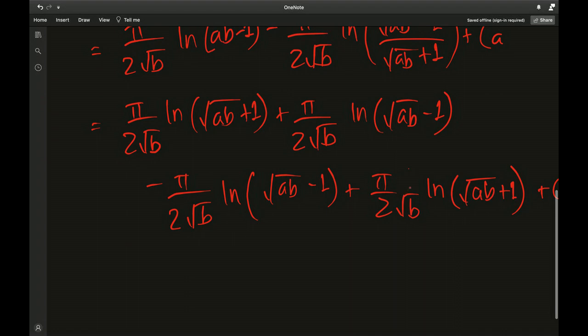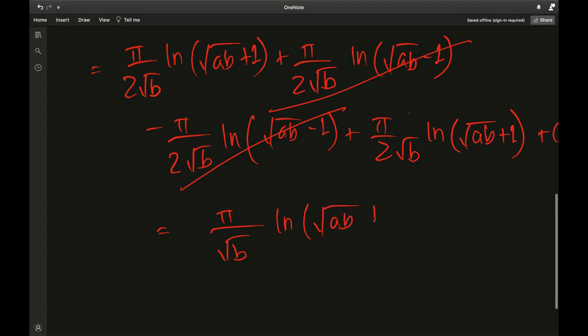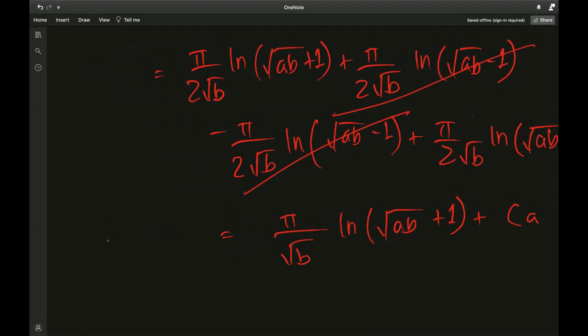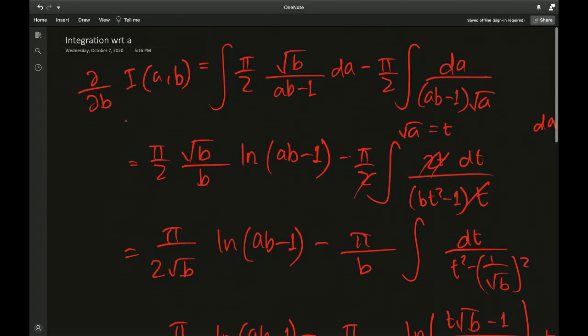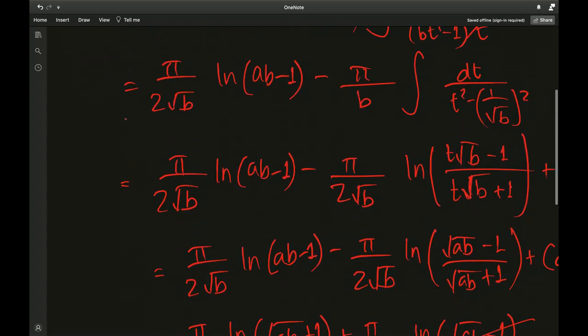Well, all the negativity in our lives is just gone now, so we have pi over square root b natural log of square root ab plus 1 plus the constant, and that is precisely our partial derivative with respect to b of I of ab.